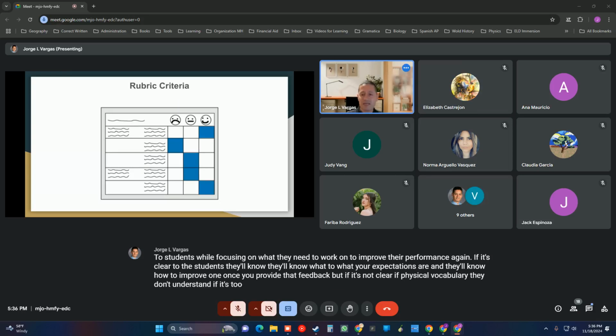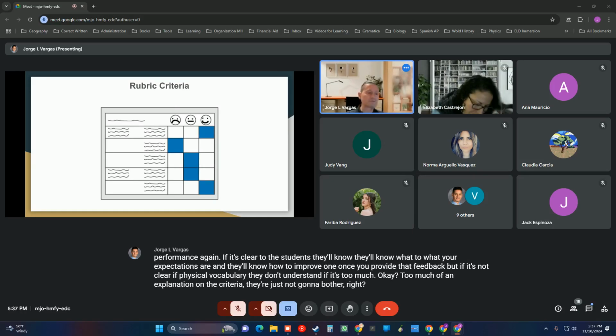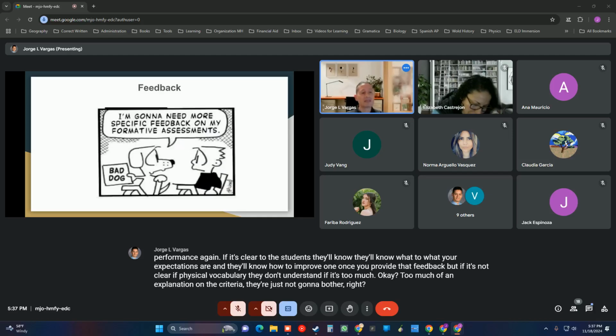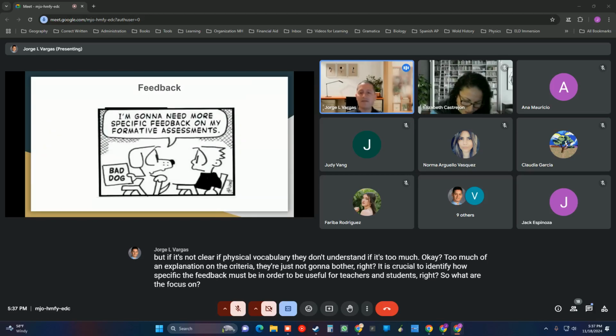Effective rubrics assess real language student performance. Let me repeat that one more time. Effective rubrics assess real language student performance. Very important. Again, we're not assessing spelling words, we're assessing how well they can communicate with others in the three modes of communication, right? In real world scenarios. That's ultimately the goal.